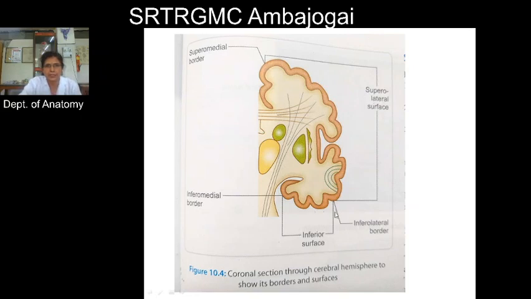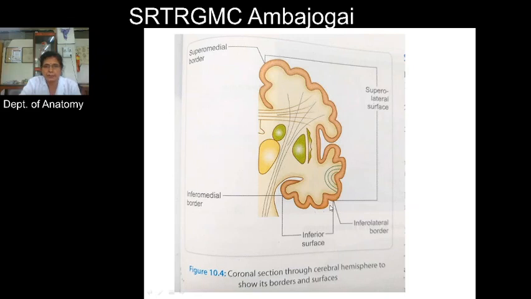Then on the inferior aspect there are 2 borders: laterally the infralateral border and medially the inframedial border. The surface present between the superomedial border and the infralateral border is called the superolateral surface.